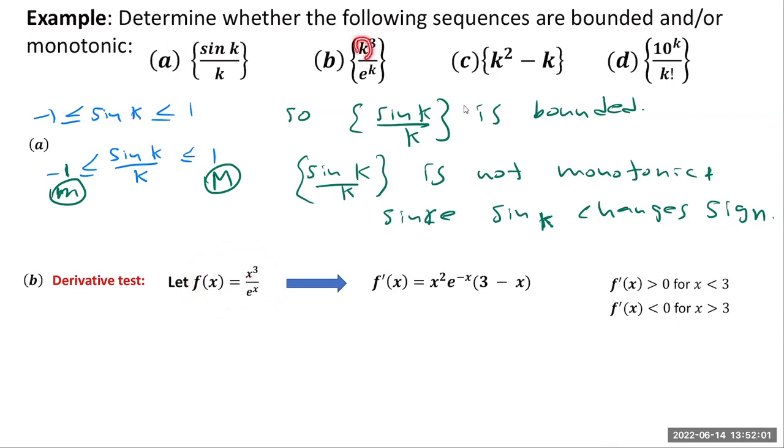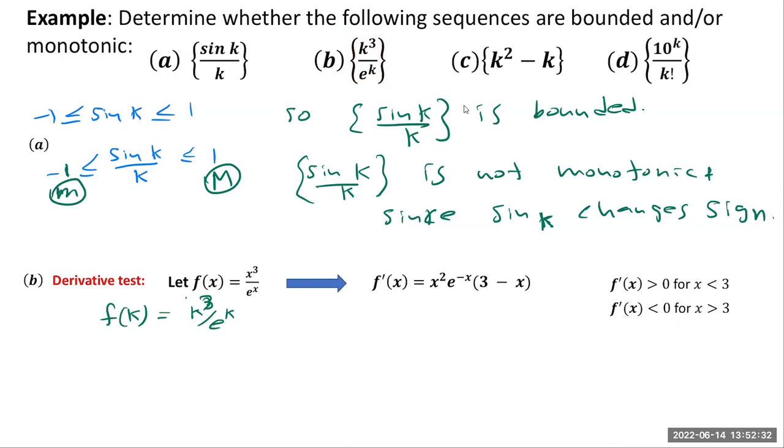So I replace this k by the variable x. Notice that f of k is exactly the kth term of the sequence: k to the power 3 divided by e to the power k.